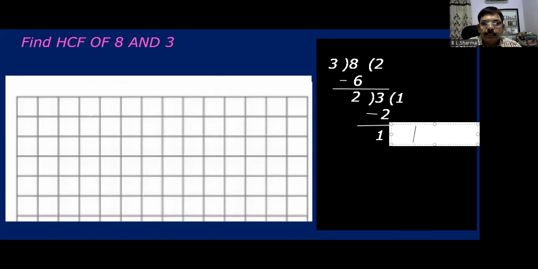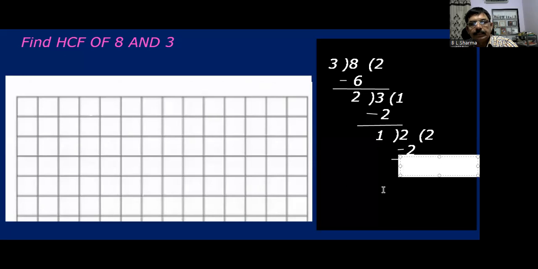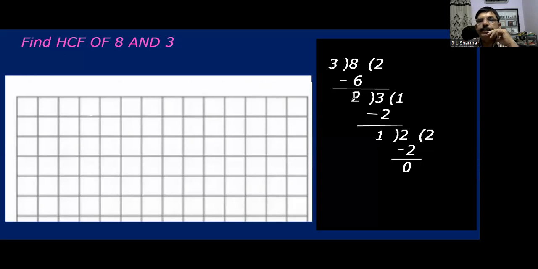And 1 twos are 2. And here you also put 2. Subtract these numbers, and the remainder is 0. And we know that when the remainder is 0, then its divisor will be the HCF. So हमें पता चल गया है long division method से that the HCF of 8 and 3 is 1.